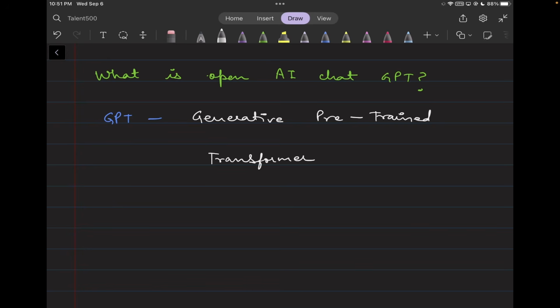Like if you are texting, send me some captions on some waterfall picture, of course it is going to show you some results, and those results are going to be based upon your given prompt. Also it is going to give you the option of regenerating more responses.